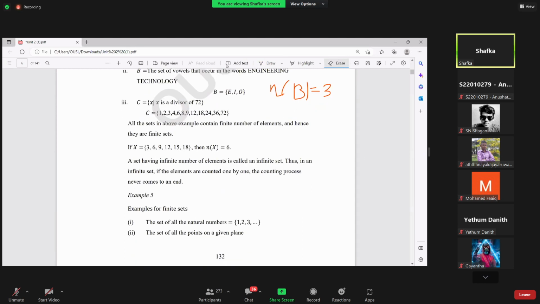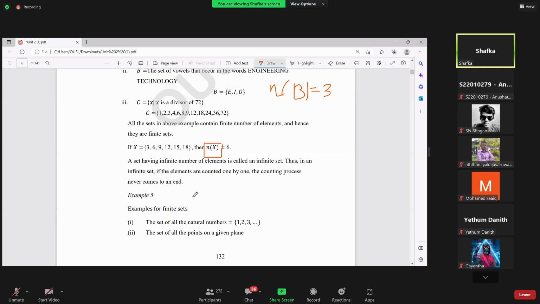So the number of elements of a set can be represented using this notation, which I wrote earlier. If the set is capital X, the number of elements of the set can be represented as simple n inside a bracket, the letter for the set, equals the number of elements.